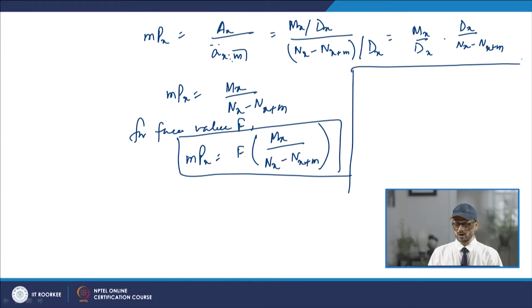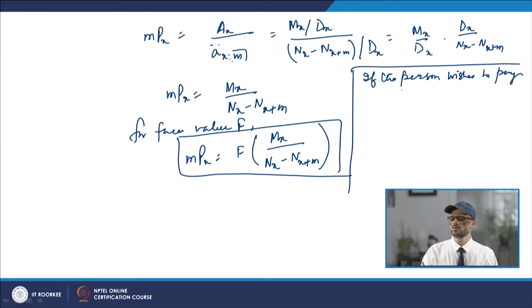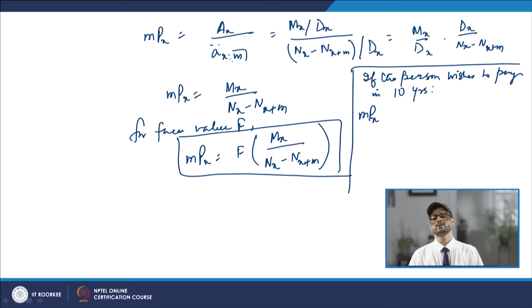Now, if the person wishes to pay in 10 years, in that case you will be finding this MPX, where M is 10 and X is 49, so that is 10P49.